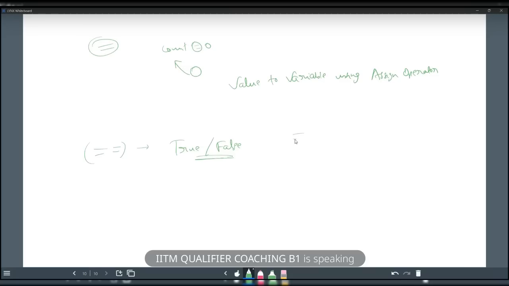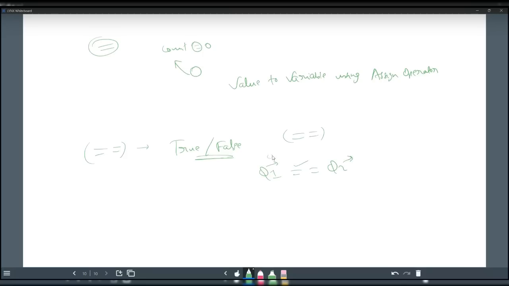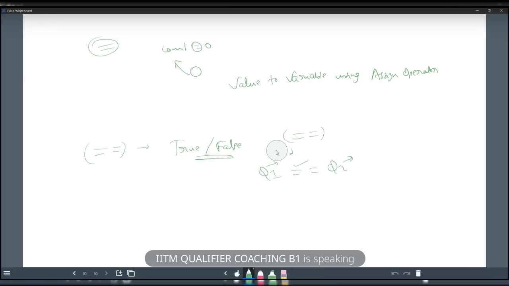See, what this equality operator does is, it checks whether... we call these things operators, and the quantities on the left hand side and right hand side are called operands. These are called operands. I'll write ORS for operators and NDS for operands.